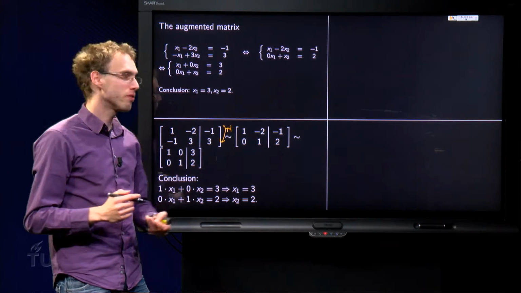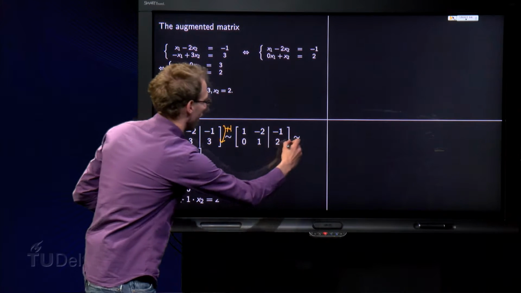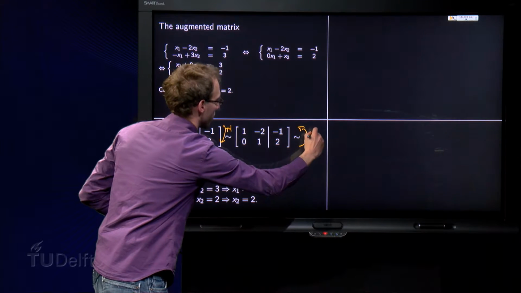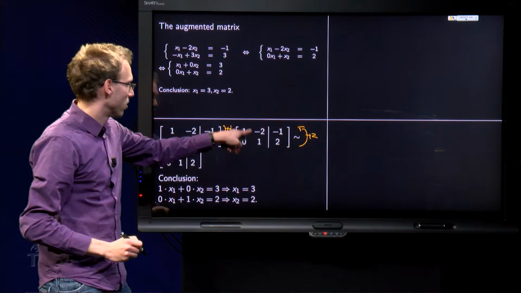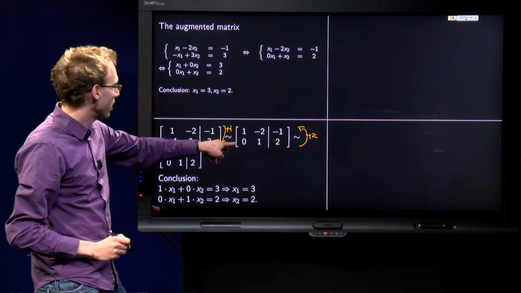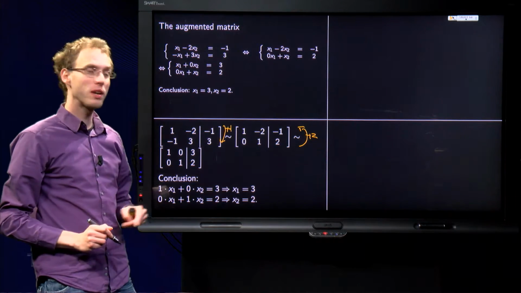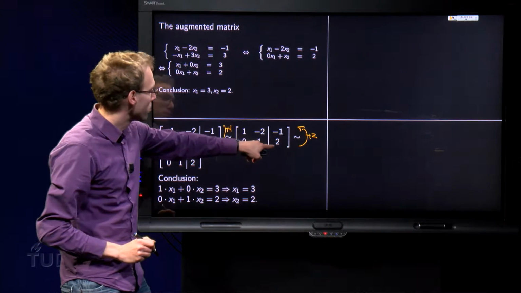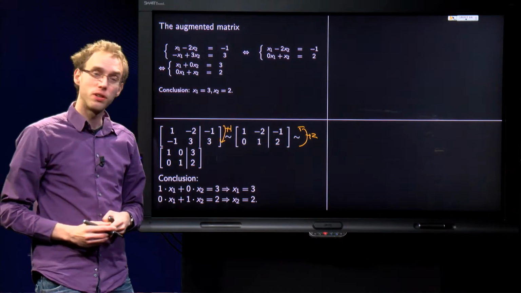And then we can go on with the augmented matrix. We add twice the second row to the first row. 2 times 0 equals 0 plus 1 equals 1. 2 times 1 equals 2 plus minus 2 equals 0. 2 times 2 equals 4 plus minus 1 equals 3.